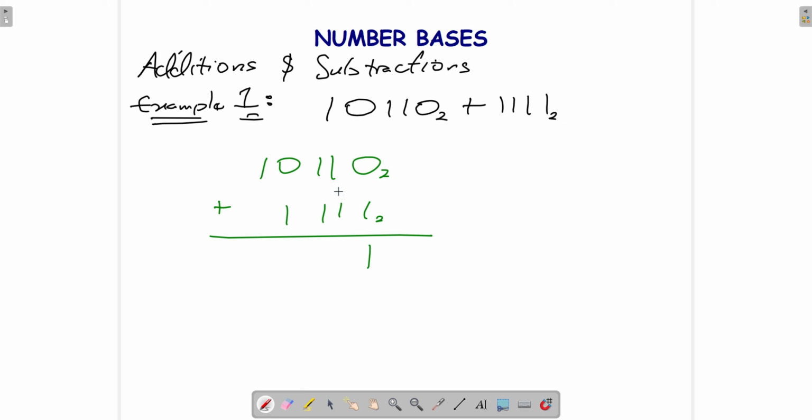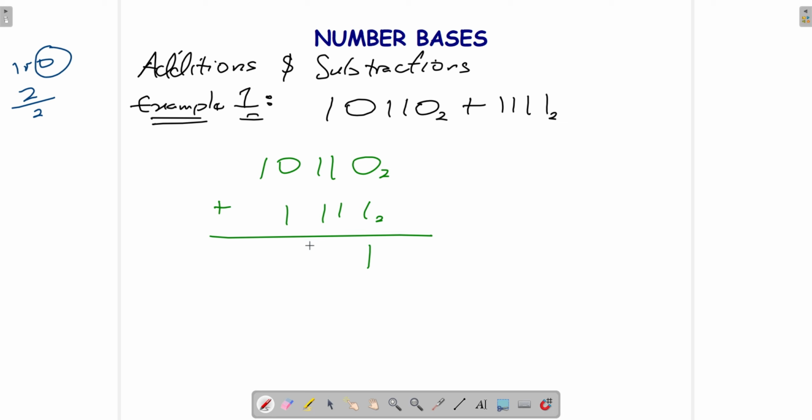Where were we? I said 1 plus 1, that's 2, but 2 cannot appear in base 2. The highest number that can appear in base 2 is 1. That's in binaries, we have zeros and ones. So what do we do when we have 1 plus 1 to be 2? We say 2 divided by 2, that's 1, remainder 0. So what do I do now?